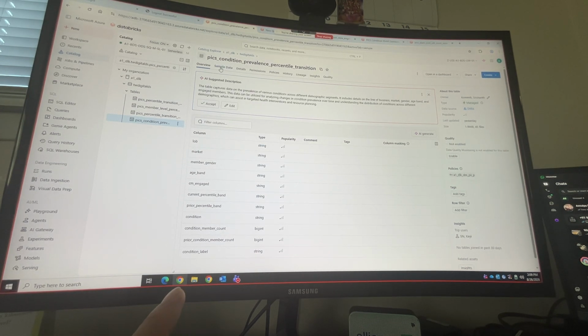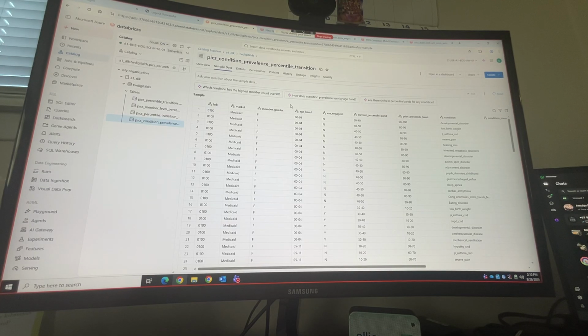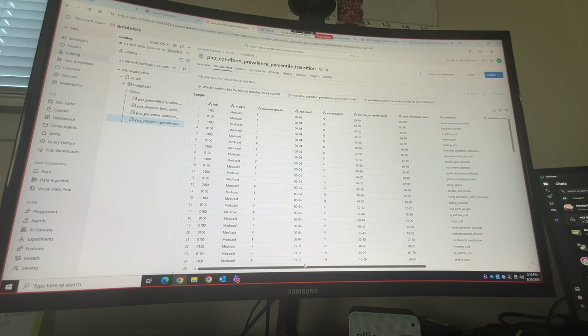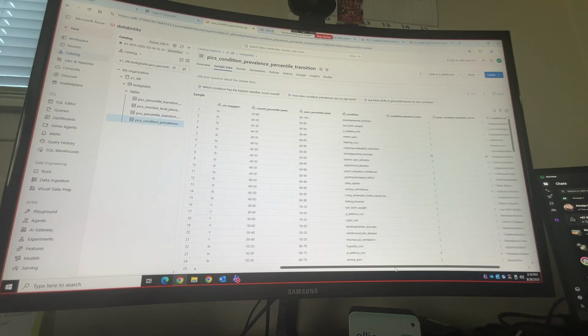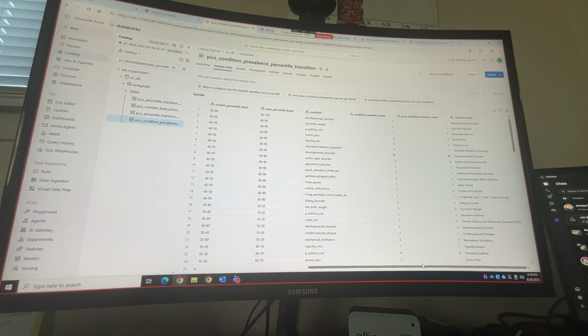There is one more condition table. This is for condition prevalence for the same percentile transition, how the conditions have changed. So this one is good. This is long format, for the conditions. I think this is helpful, and you also have all the labels.